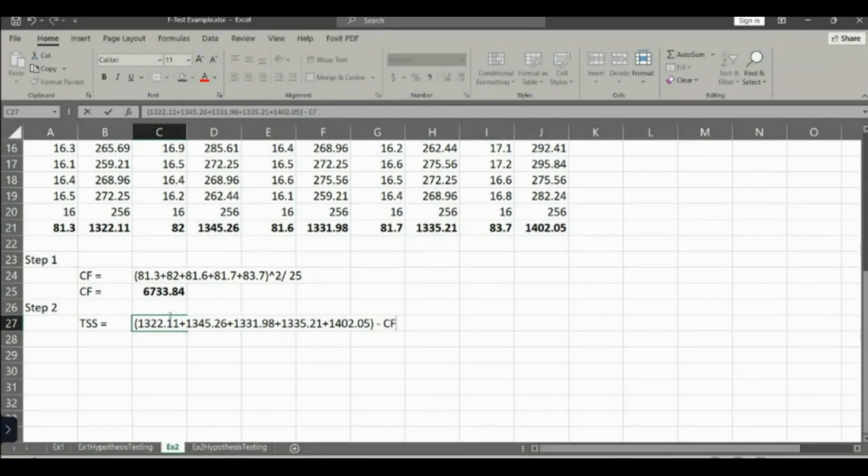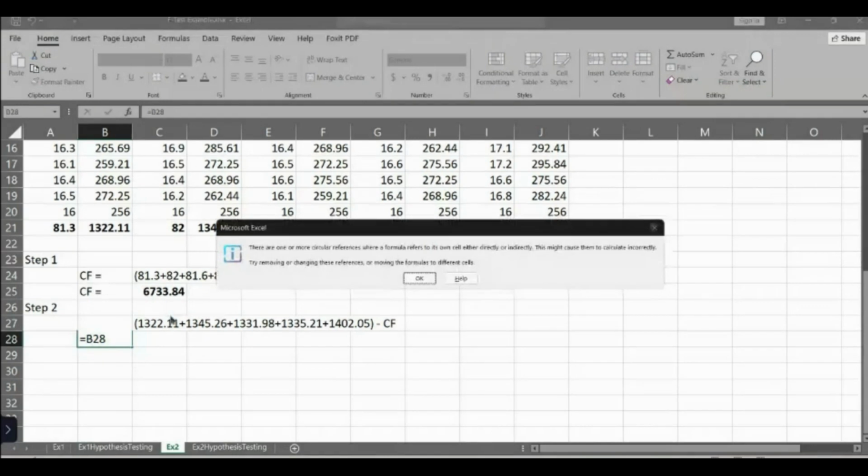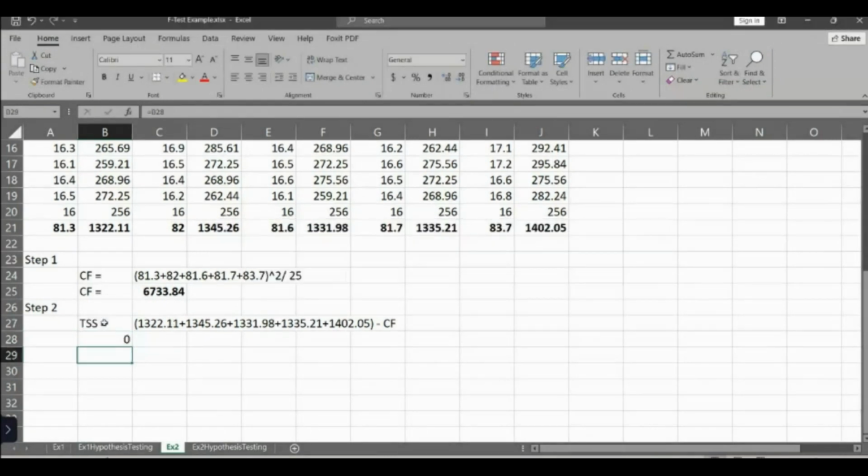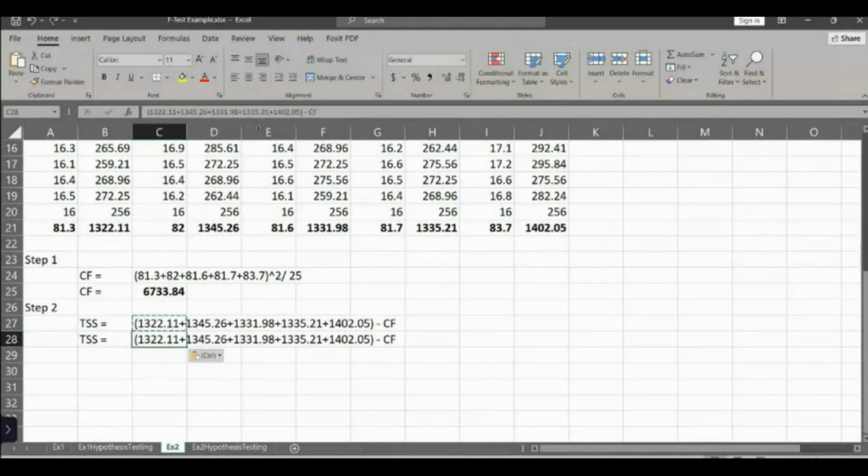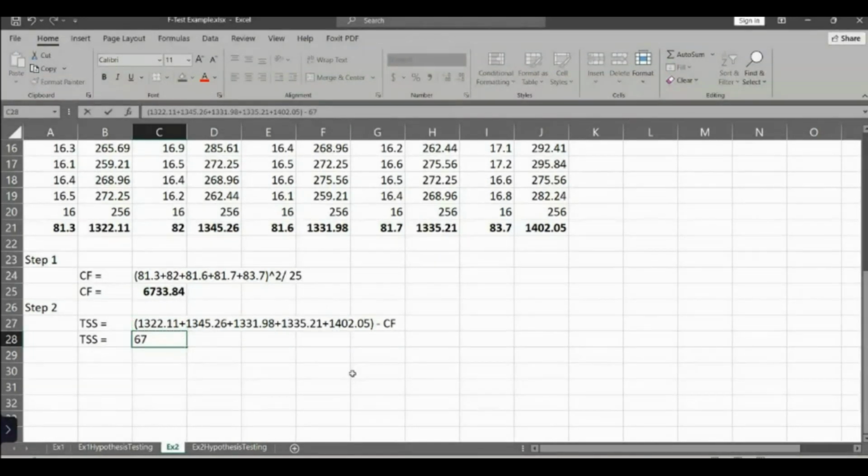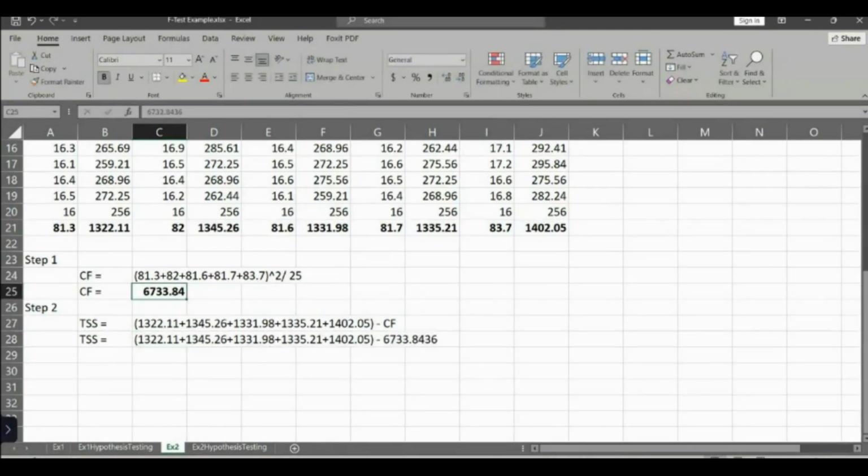Subtract the CF, and in this case, that is 6733.8436.